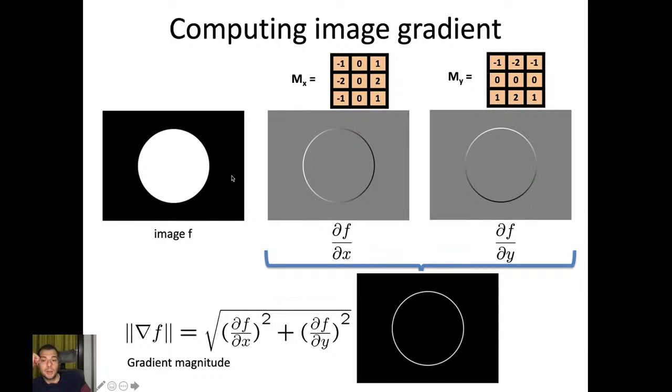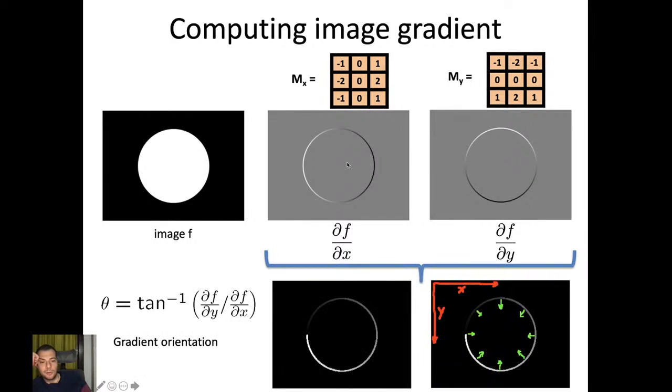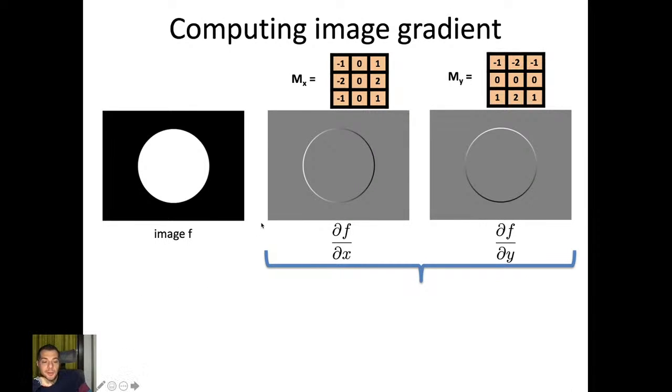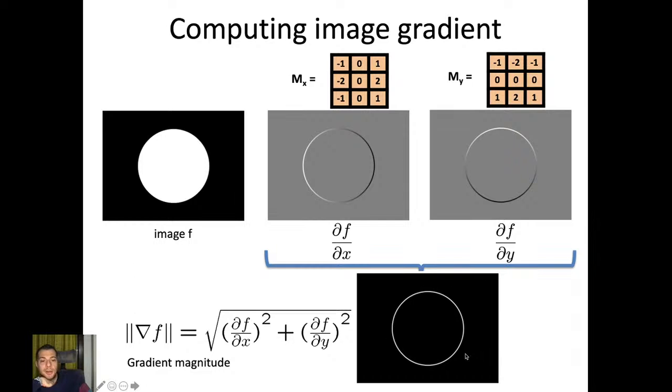So from this image we obtain this gradient that gives us the locations with the highest changes. And note here that in this image we also eliminate the positive and negative edges, so everything becomes positive because we raise every component to the power of 2. So this gives us the magnitude of the gradient.